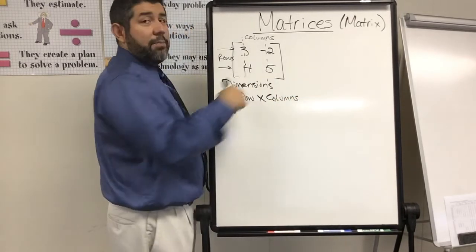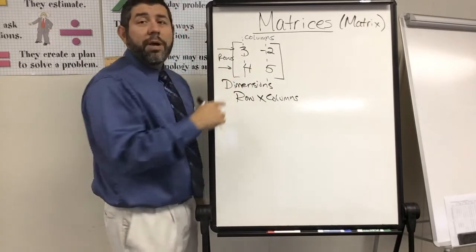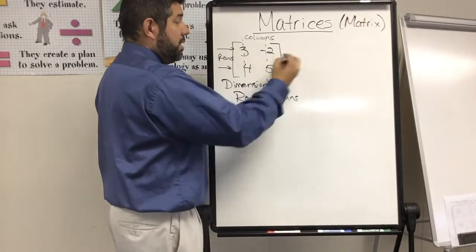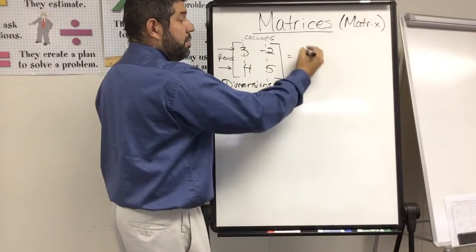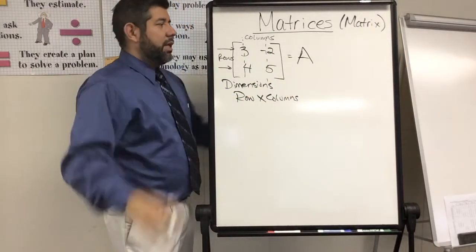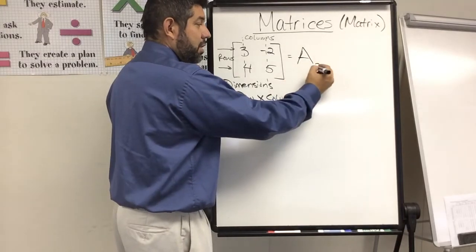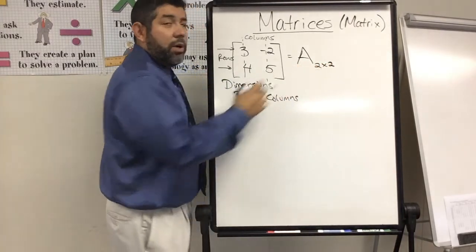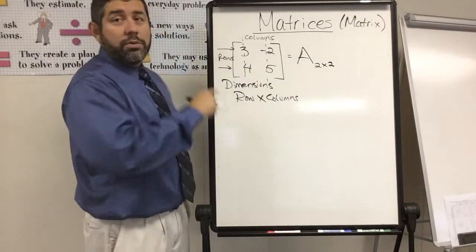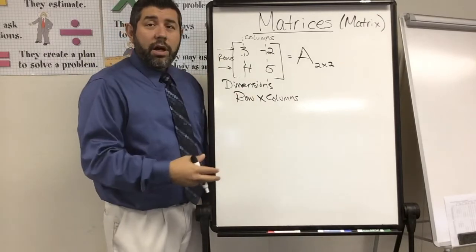So in this example, we've got a 2 by 2 matrix. We'll call this matrix A, because we like to call them capital letters. This matrix A has dimensions 2 by 2, where 2 is the number of rows and 2 is the number of columns.